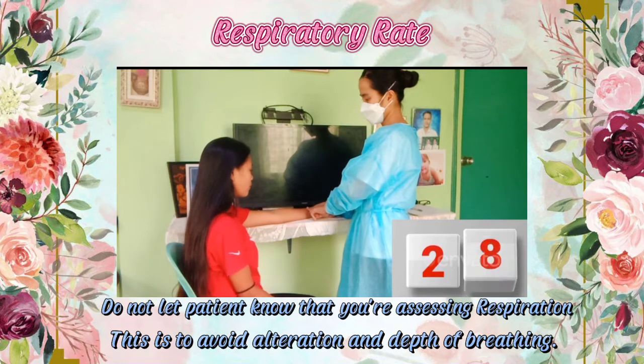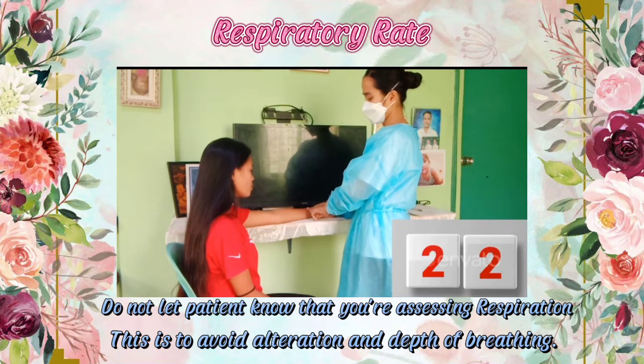Continue holding the patient's radial pulse, but this time, I am going to assess her respiratory rate by observing the patient's upper chest. We'll do it for 1 minute, but since the rhythm is regular, we'll count it for 30 seconds and multiply it by 2.